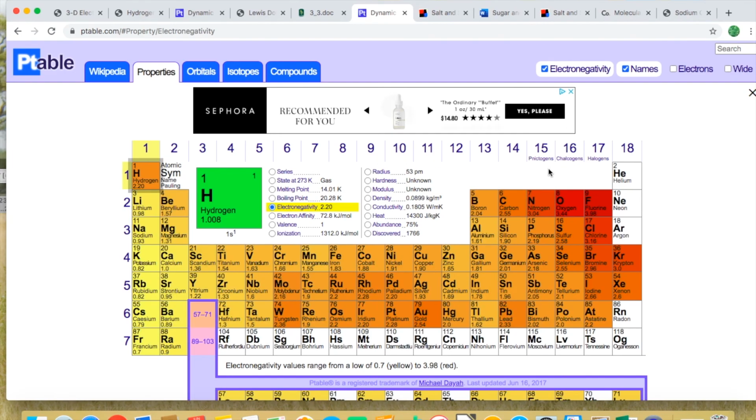We can also examine situations where very similar elements form chemical bonds. If, for example, we have a compound that is made between chlorine and bromine, there is a fairly small electronegativity difference between them.